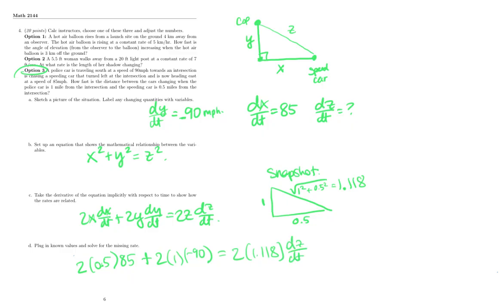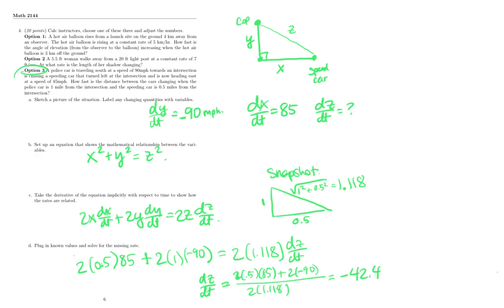And then I can divide that over and solve for dz/dt. So dz/dt equals 2 times 0.5 times 85 plus 2 times negative 90 over 2 times 1.118. And if I enter all that into my calculator, I get negative 42.4.